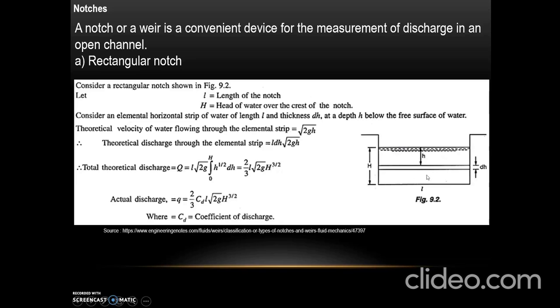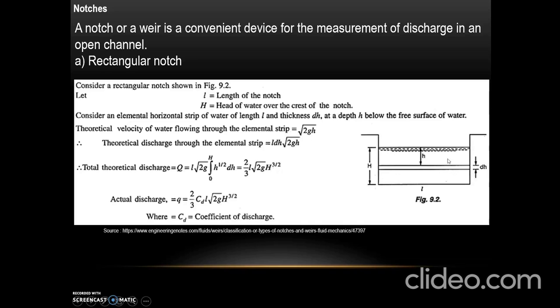Theoretical velocity of water flowing through the elemental strip will be square root of 2gh, and theoretical discharge will be area into velocity. So the area of this elemental strip will be L into dH, and velocity is square root of 2gh.